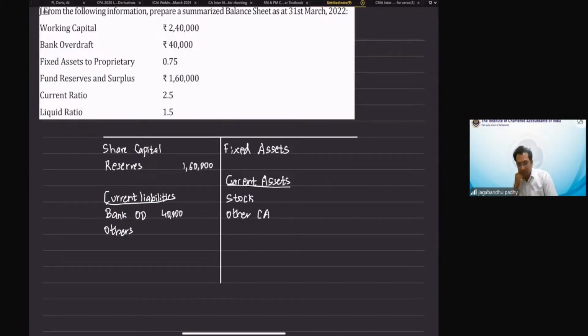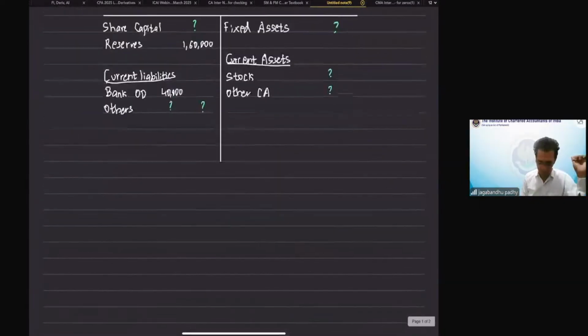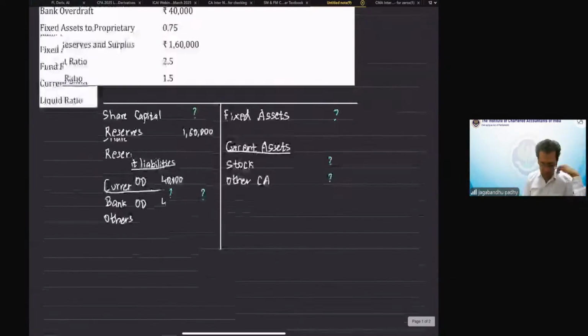Now, this is what the information is. So we need to calculate the amount of fixed asset. We need to know the value of stock, other current assets, the other value. Then, of course, the total of current liabilities and also share capital. So let's get started with the first information, working capital.